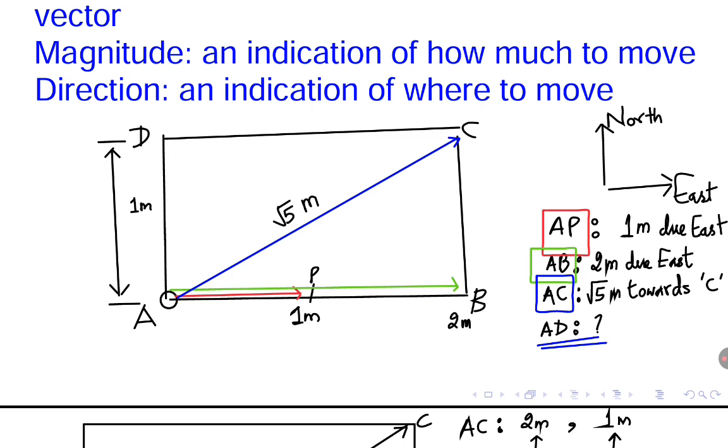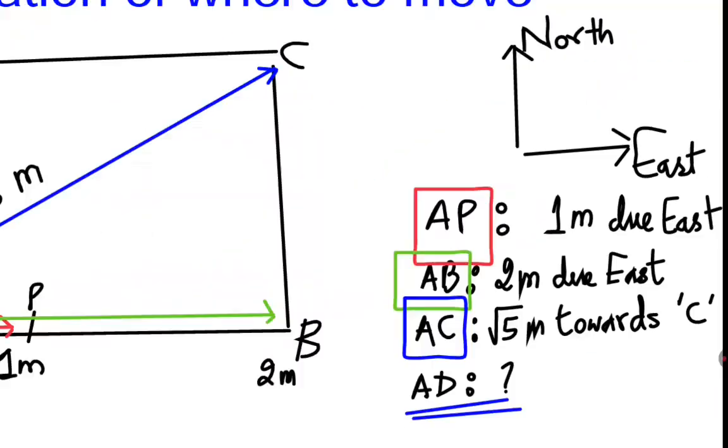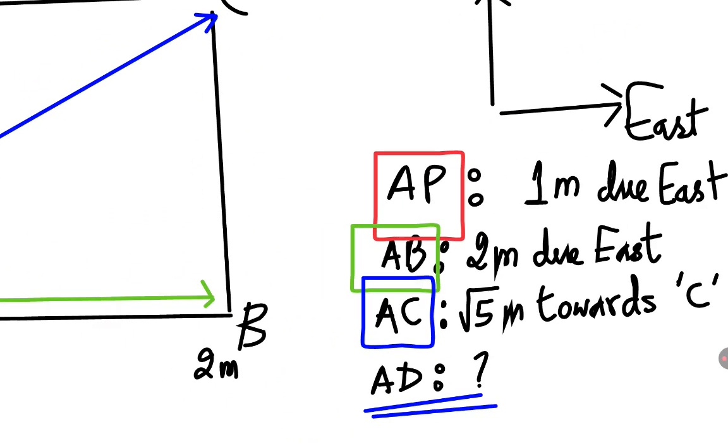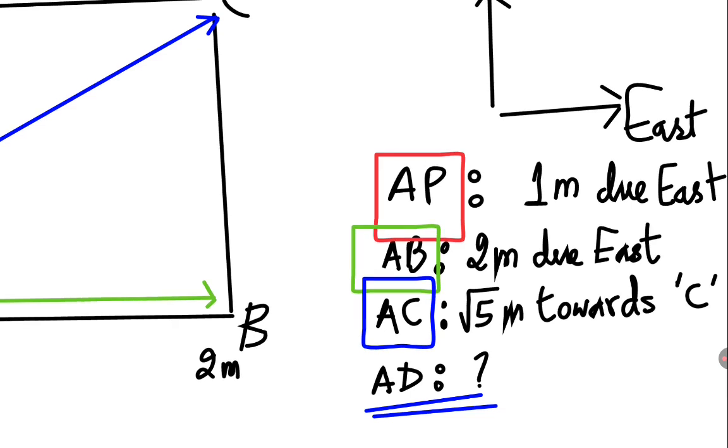So when we are moving from A to P, we are moving 1 meter along the line AB, which also lies along the direction east, right? So we can say AP is a vector which indicates we have moved 1 meter in the direction east as written over here.